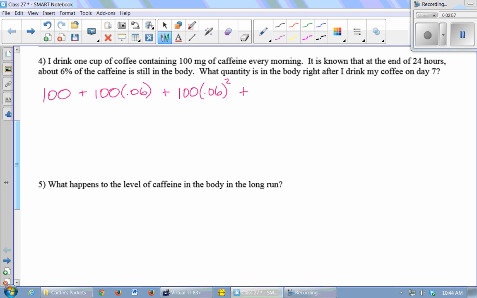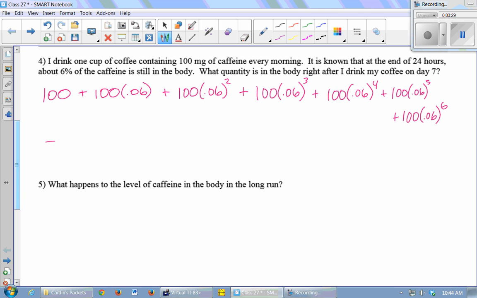And then 3 days ago, I have 100 times 0.06 cubed. And then 4 days ago, 100 times 0.06 to the fourth, plus 100 times 0.06 to the fifth, plus 100 times 0.06 to the sixth. And that's 7 days, right? Because this is the beginning of day 7, and then 6, 5, 4, 3, 2, 1. So we want to know how much this is.